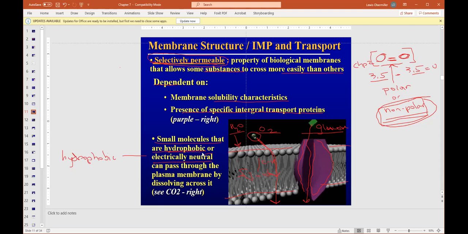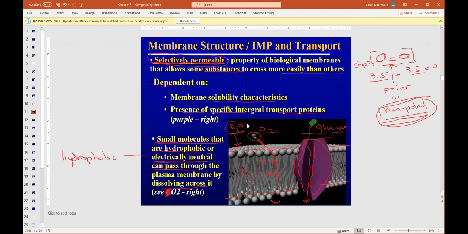So it has to be hydrophobic, electrically neutral. If that's the case, small, hydrophobic, electrically neutral, it can pass through the plasma membrane by dissolving across it, right? So oxygen, the example I used was oxygen. Oxygen can pass through that membrane no problem without having to go through a channel.